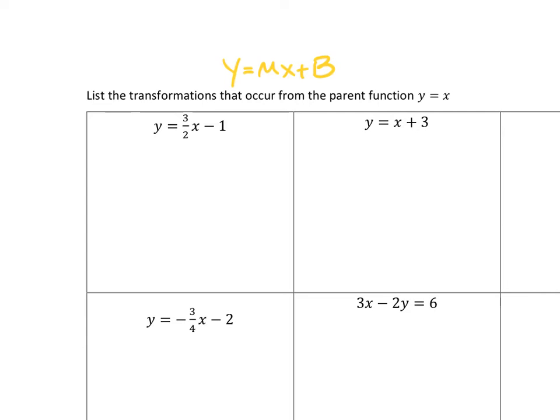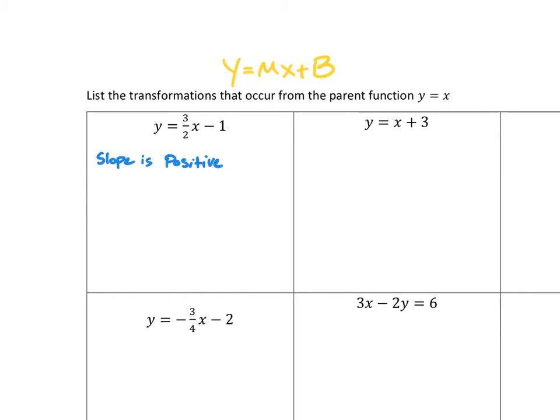As I look at this first example, it was y equals x, and now it's y is equal to 3/2 x. The first thing I need to check is, is my slope positive or negative? My slope is positive, so I'm going to make a note: slope is positive.